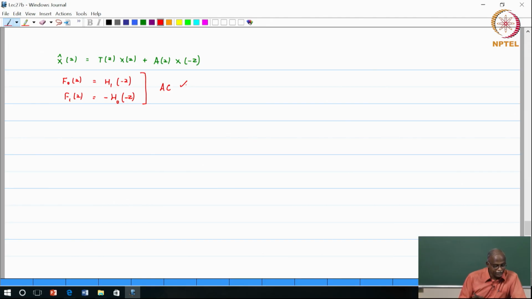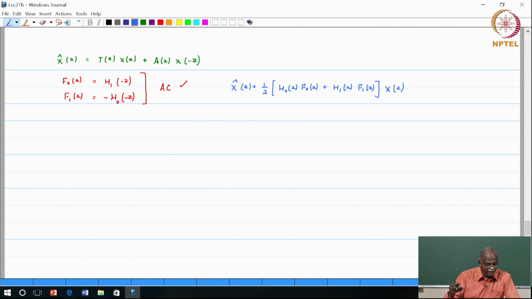Aliasing cancellation is done. So, what I am left with is the remainder of the transfer function: x hat of z is 1/2 of h naught of z f naught of z plus h1 of z f1 of z times x of z. Aliasing has been removed, and I now have to deal with magnitude and phase distortion.